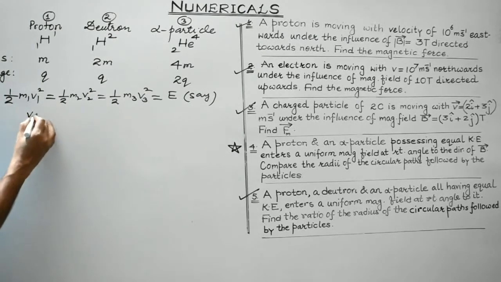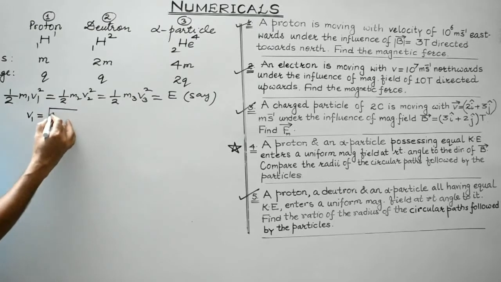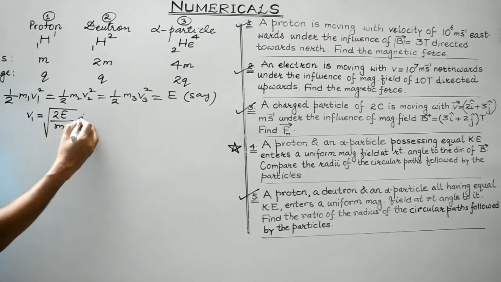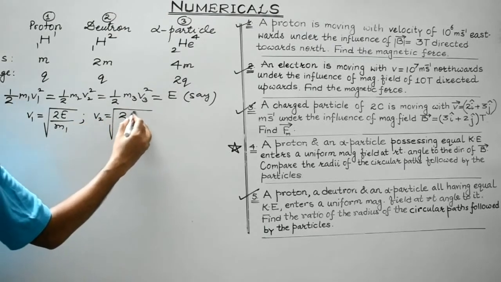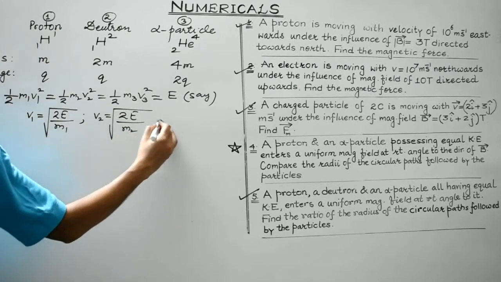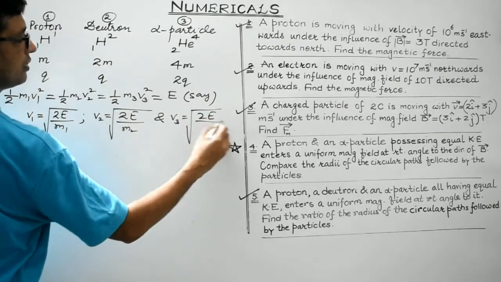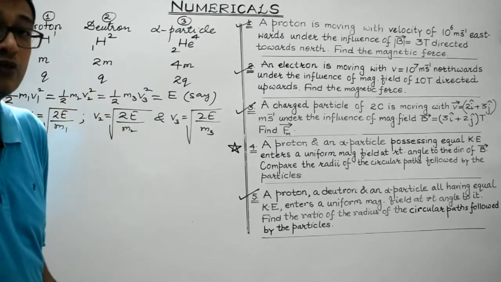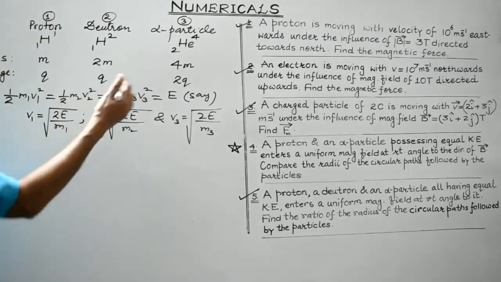So v1 can be written as square root of twice E by m1. Similarly v2 can be written as square root of 2E by m2. And v3 can be written as square root of twice E divided by m3. Right, students?